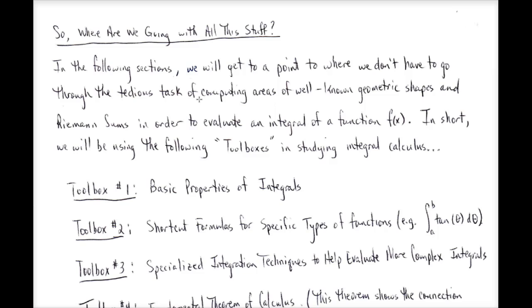And so whenever we can, we try to use well-known geometric shapes instead of trying to calculate the Riemann sum. However, what we're working toward is to get to a point where we have some pre-made formulas and an easier way to do this than just doing iterations of adding up areas of rectangles again.